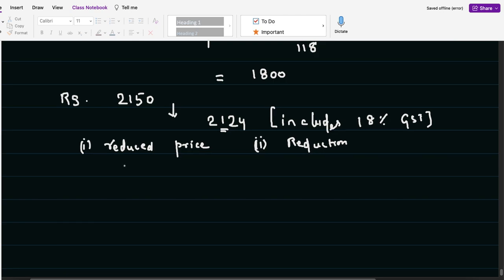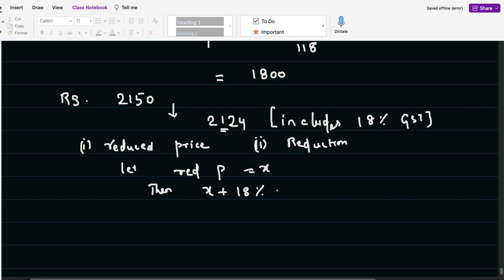Let the reduced price be X. Then X plus 18% of X is how much? That is, the reduced price is X. We have to add 18% of GST.